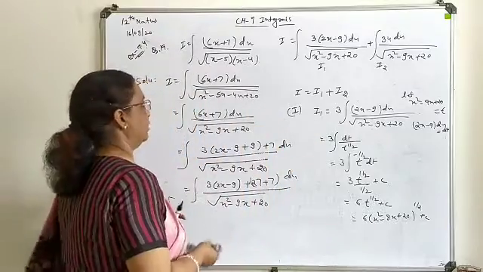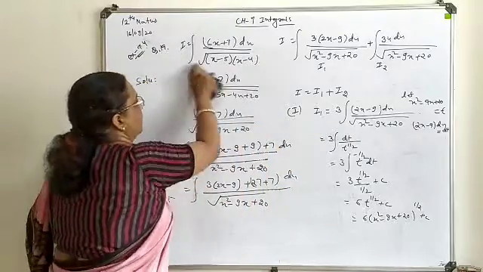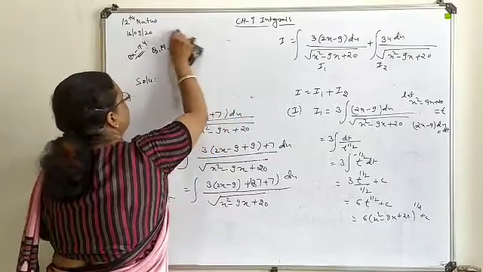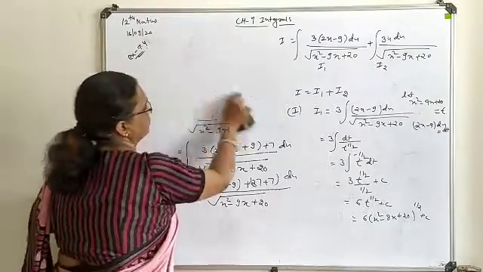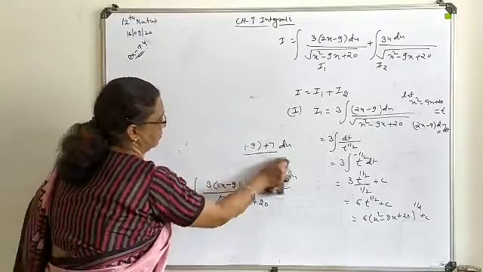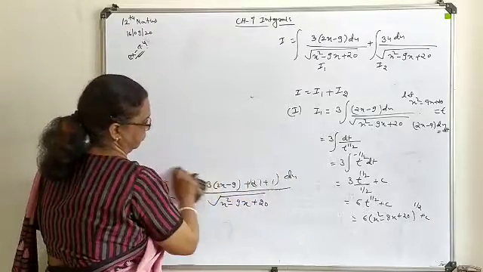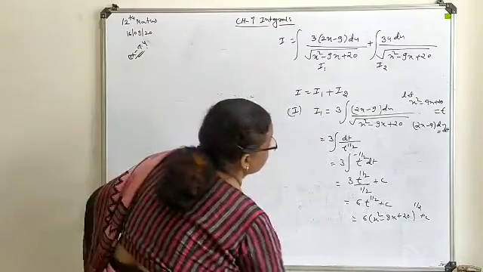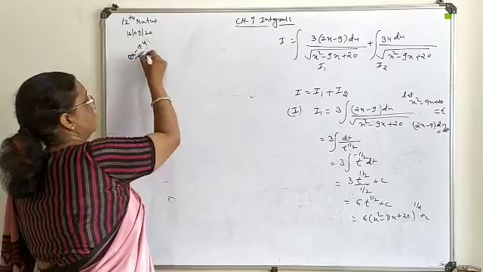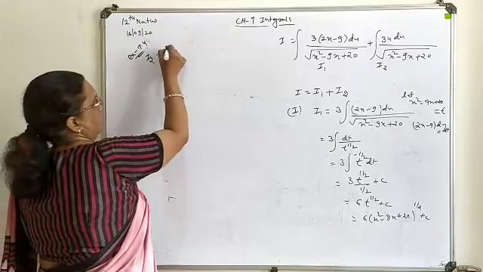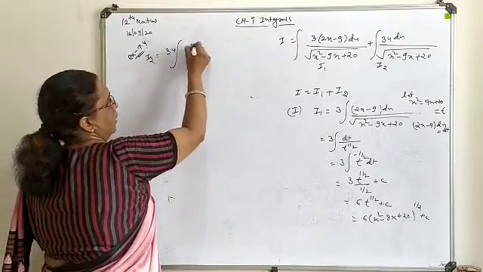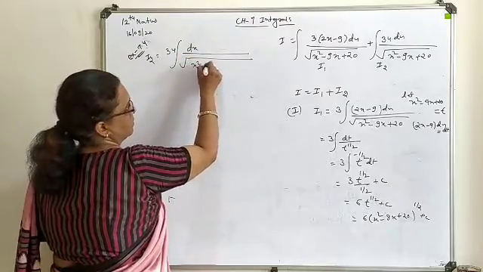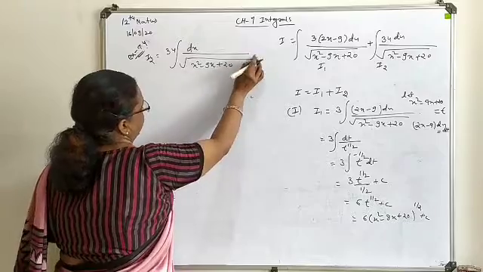Now move towards the I2 part. Finally we will go for combining these two. Now move towards the second part. As the I2 we have separated out, 34 being constant, dx upon under root x square minus 9x plus 20.